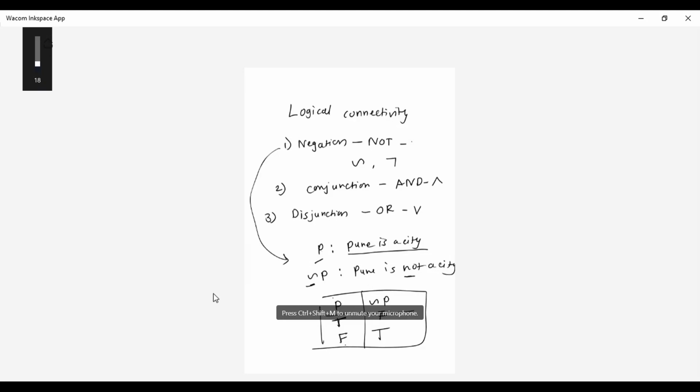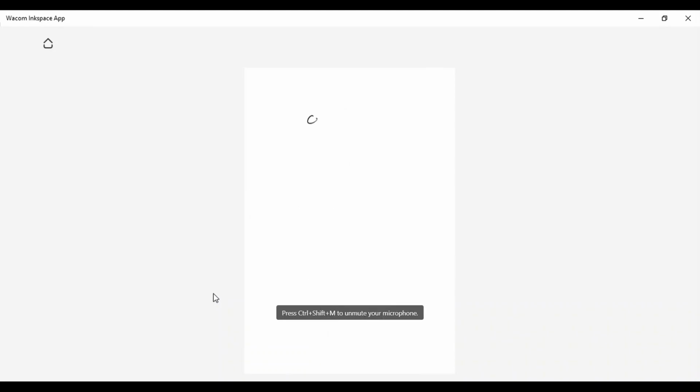Now we will go for the next one, that is conjunction. Suppose I have P, the simple statement, it is raining, and Q, I am in class.